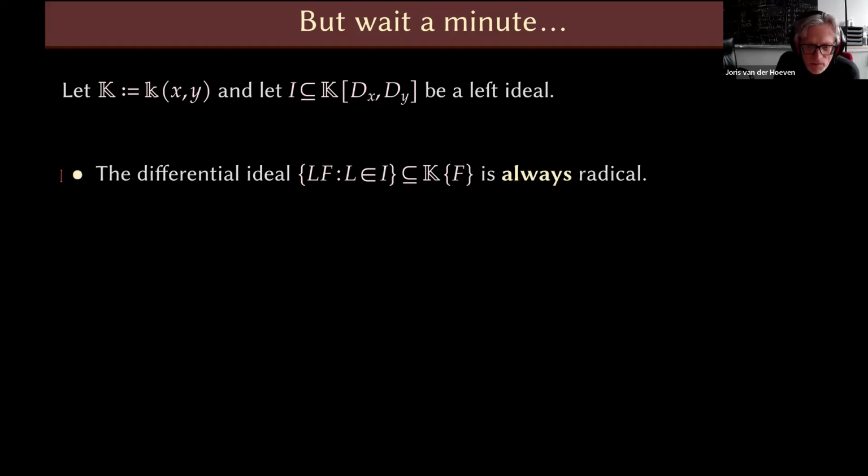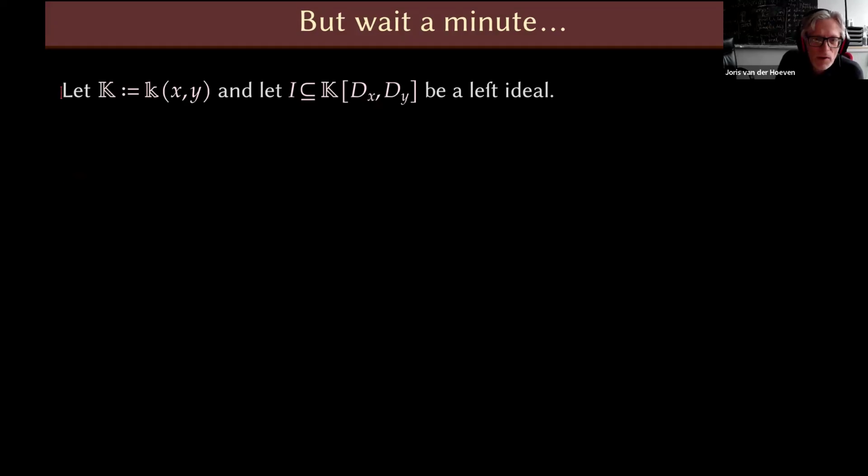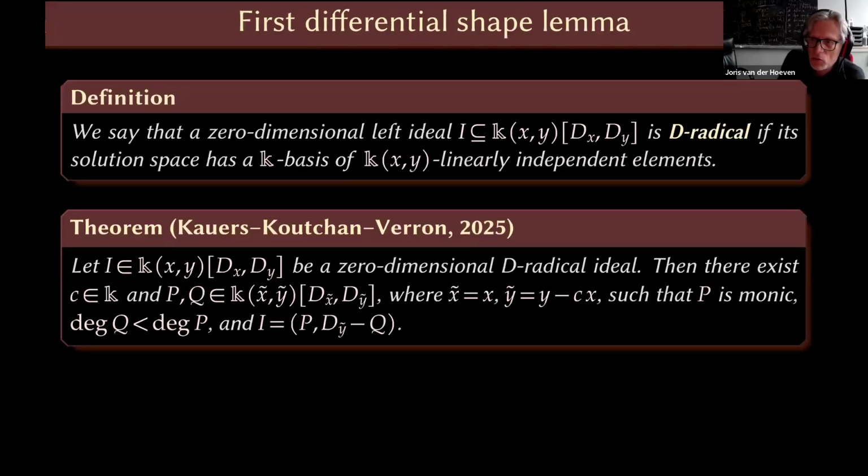Because in fact, we have this concept of d-radical, which is basically being introduced by analogy to the polynomial, the commutative case, and it's actually used here to exclude some cases.